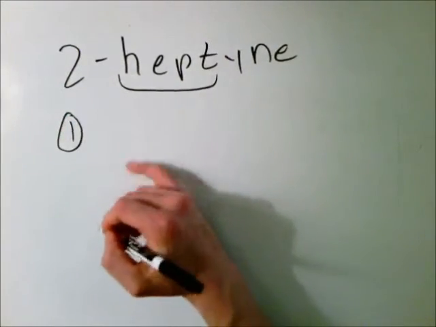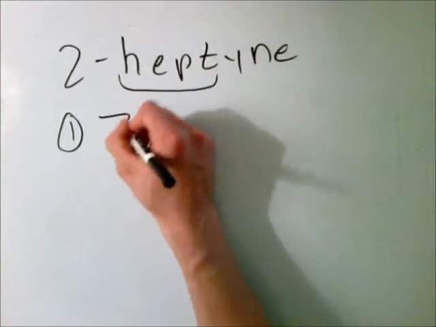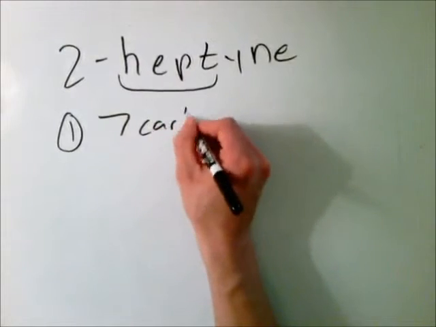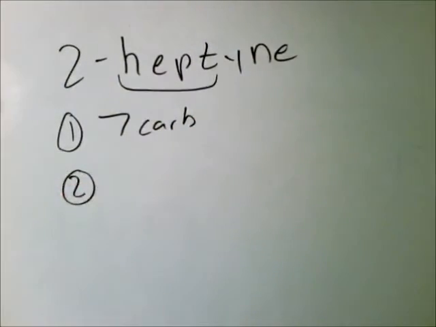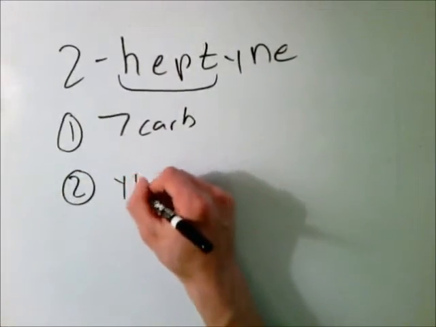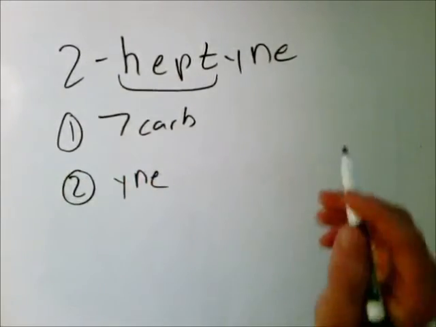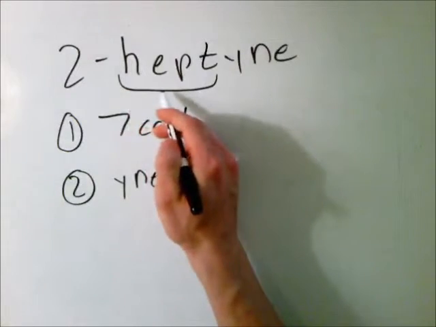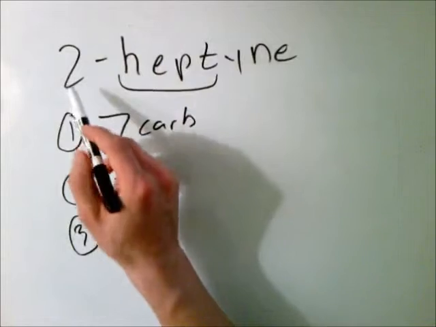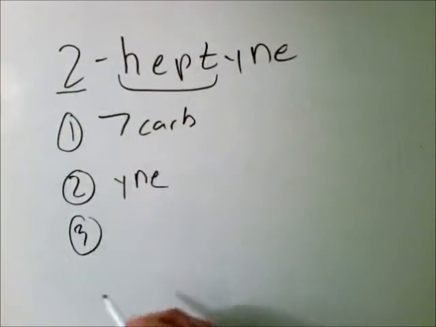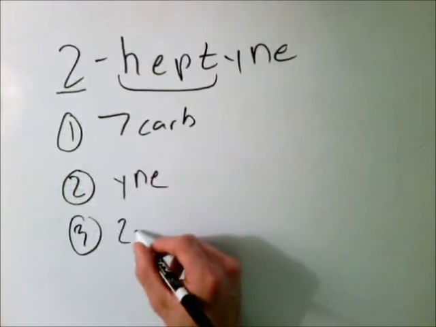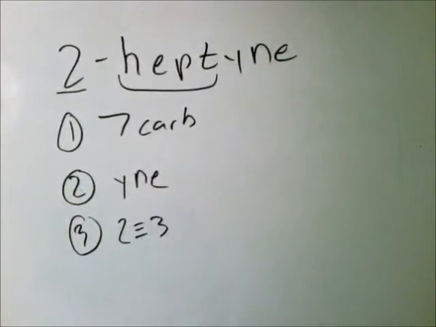So we know there's going to be 7 carbons. 2, what kind of compound are we dealing with? Still a triple bond, -yne. So we're going to have to place a triple bond somewhere on our 7 carbon chain. 3, location. So 2, we know it's going to start at 2 and end at 3. So there's going to be a triple bond in between 2 and 3.